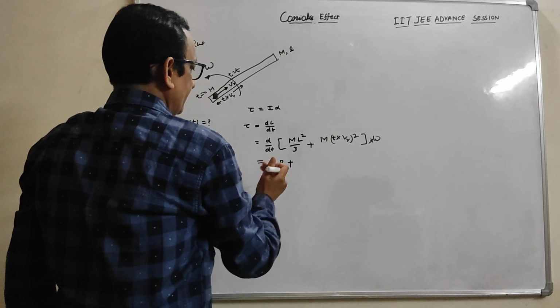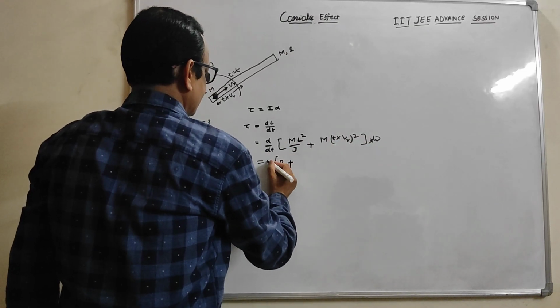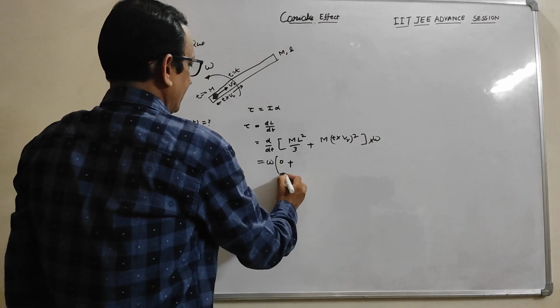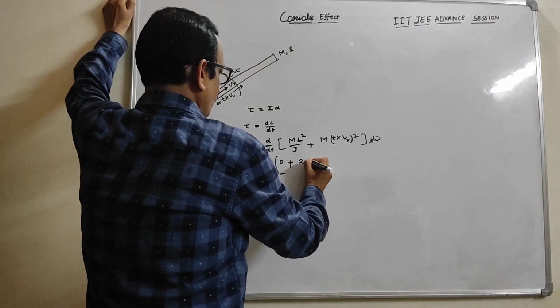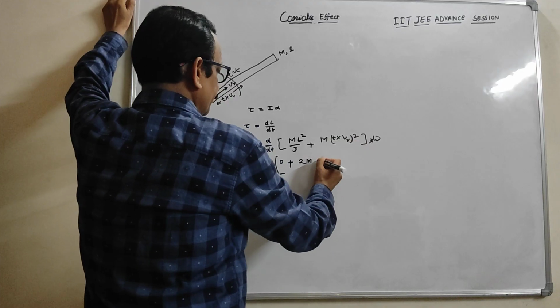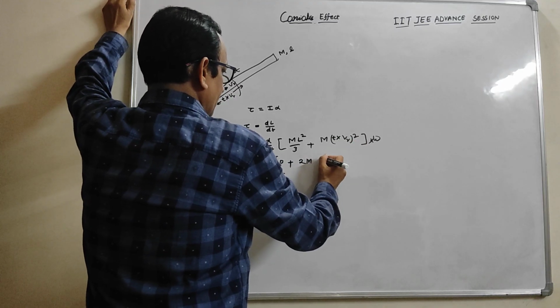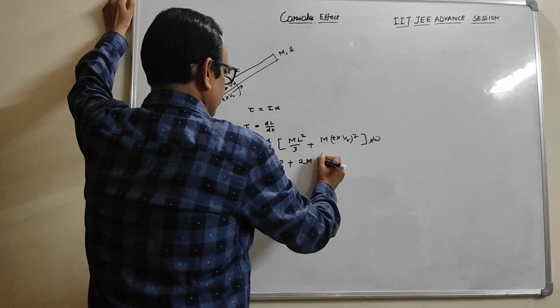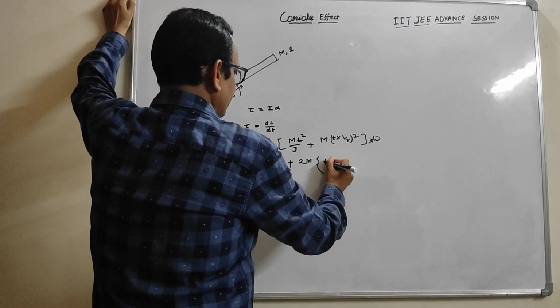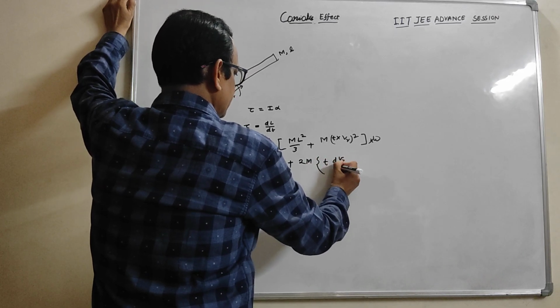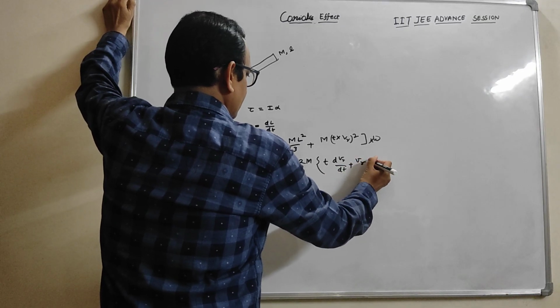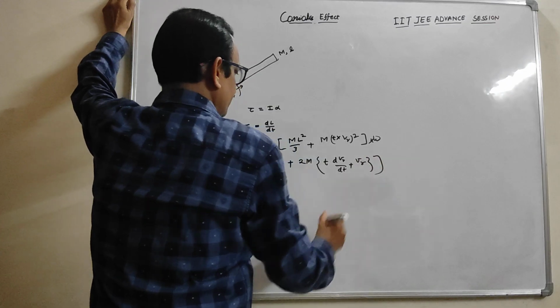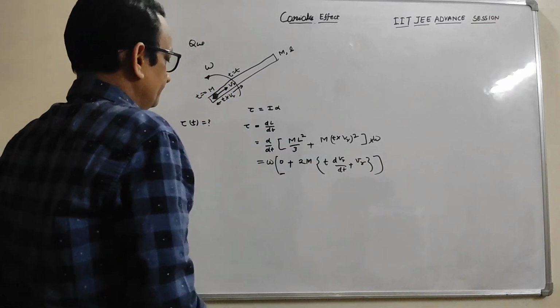Taking the first term as the first function, omega, we write 2m, and differentiate the other term: t into the differentiation of vr plus vr.